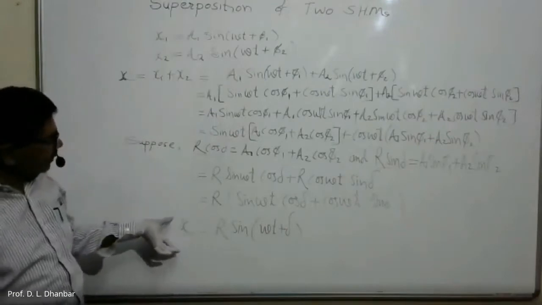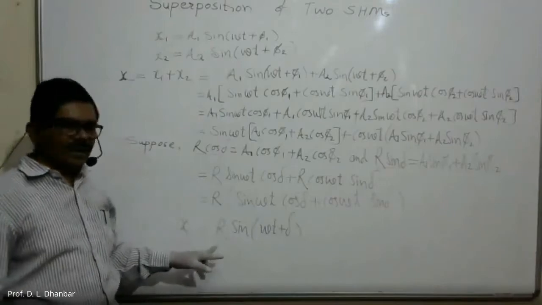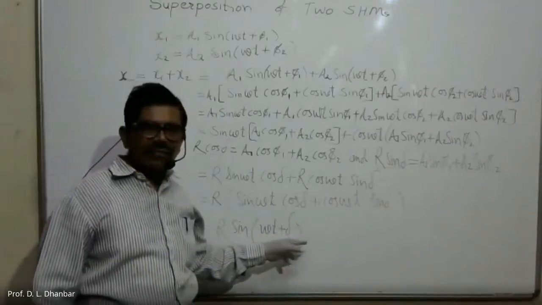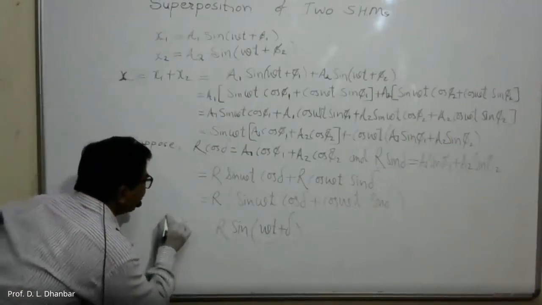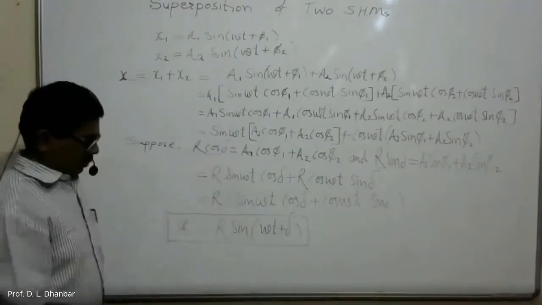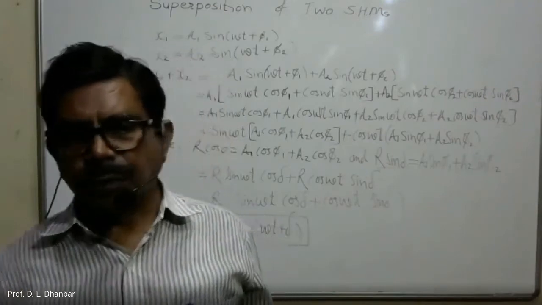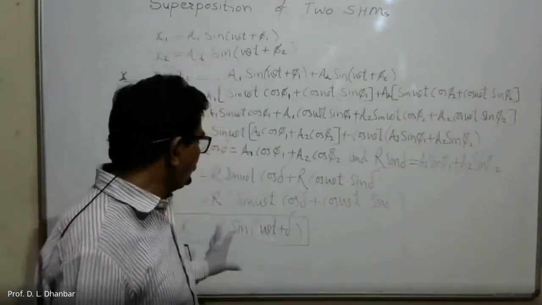So this is the resultant motion, which is a simple harmonic motion having the resultant amplitude as capital R and having the initial phase as delta. And this x is the resultant displacement. So this is confirmed that the superposition of two simple harmonic motions is again a simple harmonic motion.